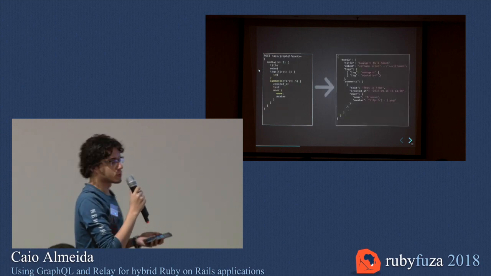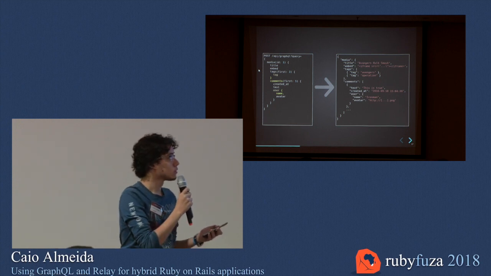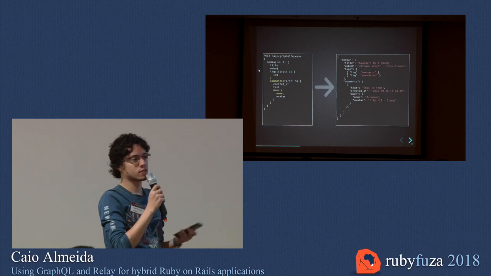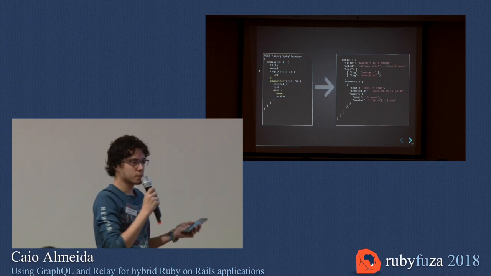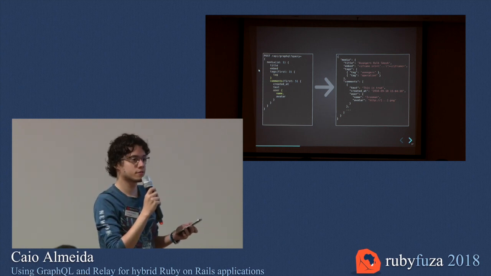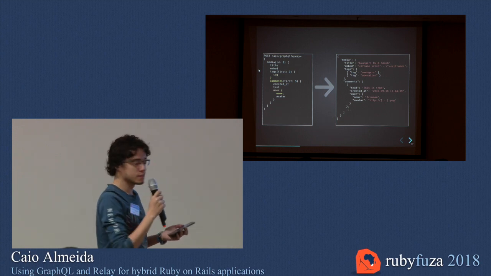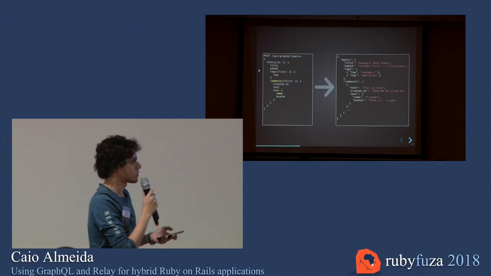So when I make this query to the backend, what's going to return to me is a proper JSON with a structure very similar to what I asked, containing just the data that I asked for. So we have a single API endpoint, and we have a very high level of flexibility in the different combinations of fields that we can ask for.